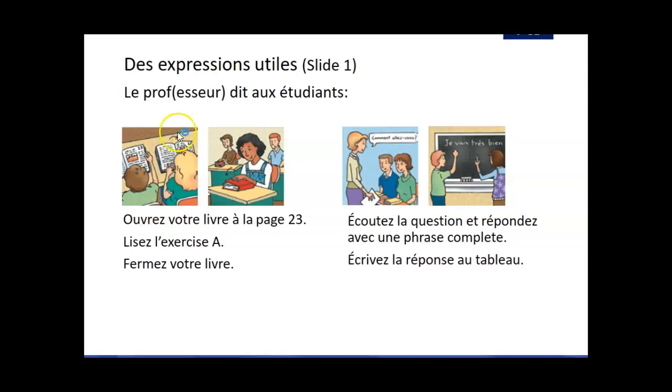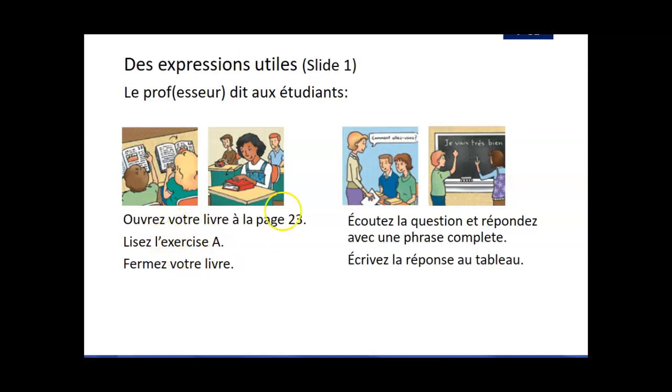Okay, so these students in this picture right here obviously are reading books. The arrow indicates that they're opening the book and reading inside of it. And so on your exam, you might see some similar expressions and similar kinds of pictures that will ask you to identify what the teacher is telling the students. So, ouvrez, open, votre livre, your book, à la page 23, to page 23.